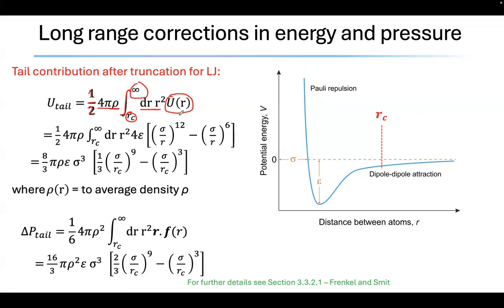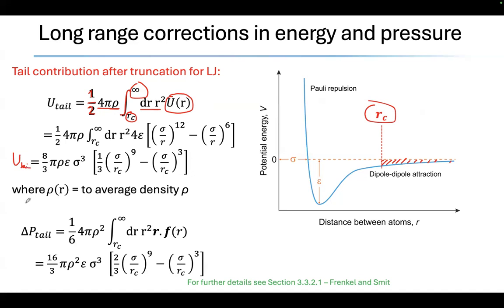I'm not getting into the details because this is quite well given in Frenkel and Smit. The idea to point out here is that if you choose a particular cutoff, you definitely need to correct for these long-range effects, because you're effectively neglecting all the interactions beyond this cutoff distance. Once you do this, you can calculate what this tail contribution is to the energy.